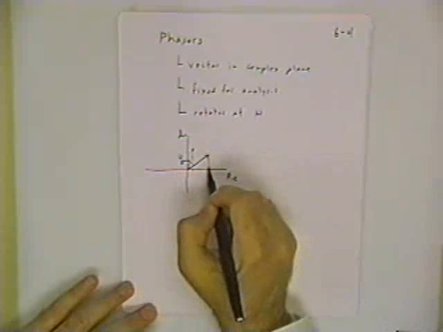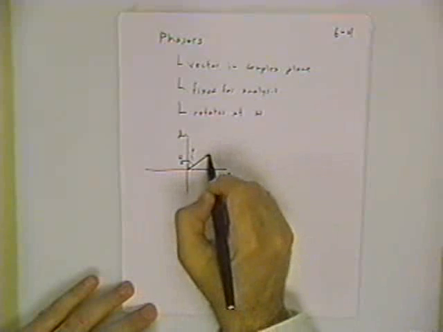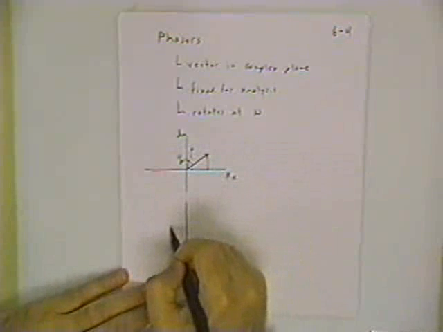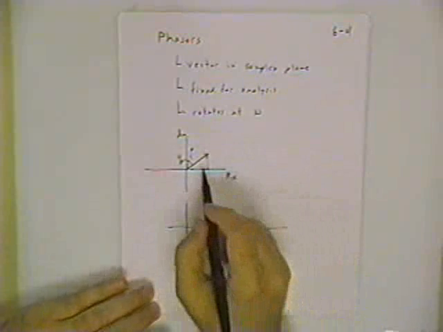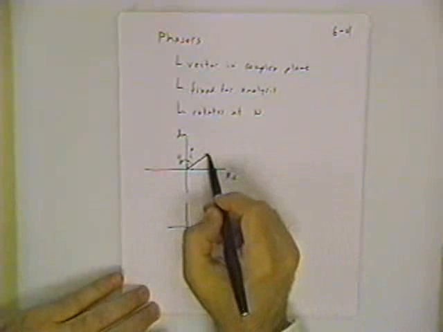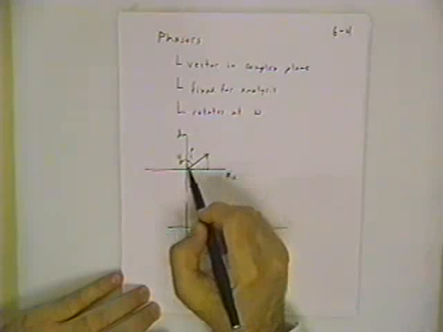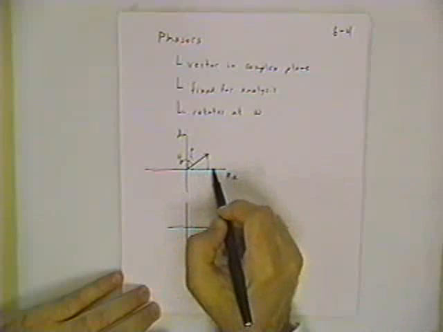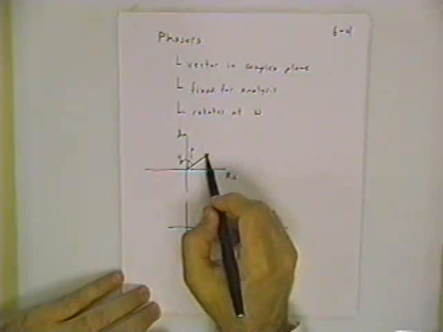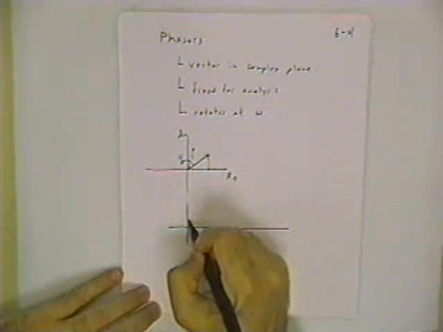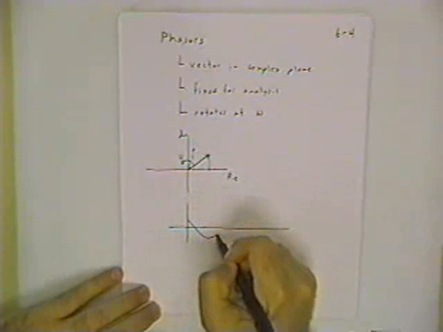So if I just track the location in terms of real numbers, the location of the tip of this arrow as it rotates around, that tells me, well, to start off with, if this was my initial point, I'm at a little less than the maximum, because the maximum would be if the phasor is pointing directly along the real axis. And I'm going to continue to decrease. So the part of the cosine function that I'm in is about there.